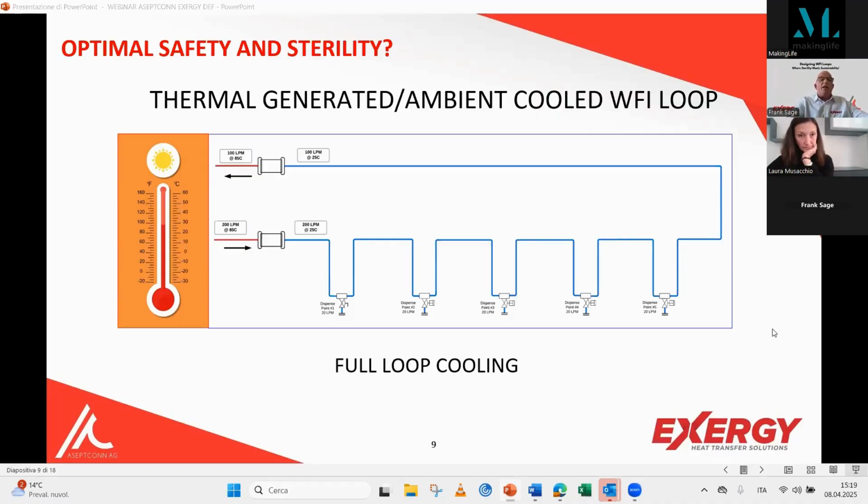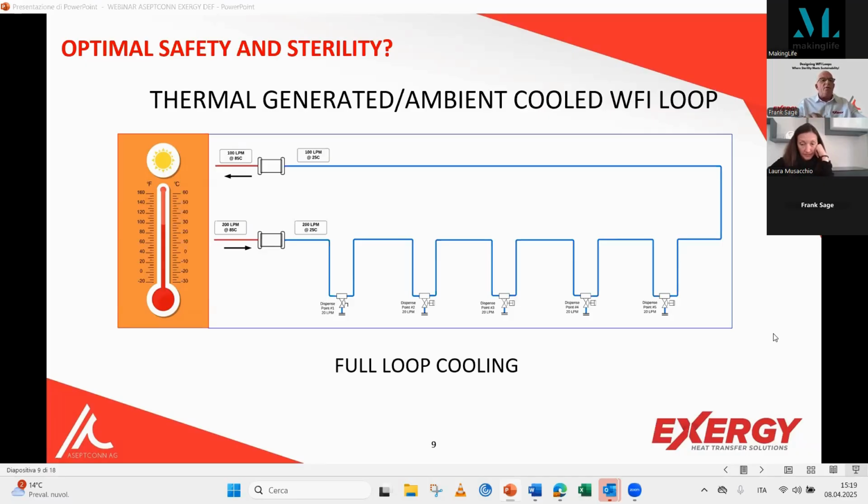It's generated hot and then cooled down. So you have hot WFI and an ambient WFI loop. This design involves heating the WFI and then cooling the entire loop down to an ambient temperature for long periods of time to supply ambient WFI to users.